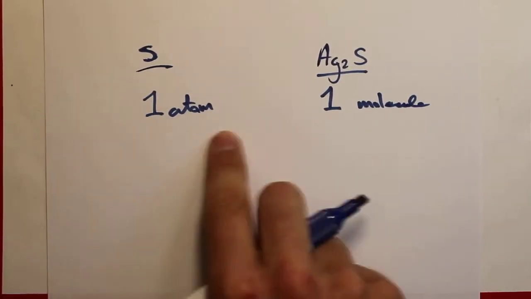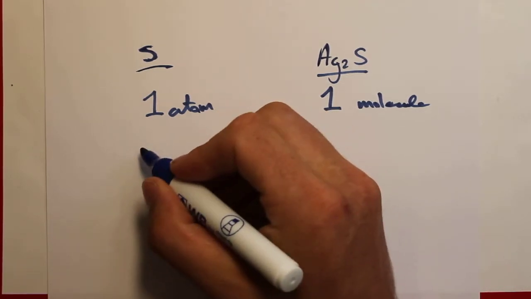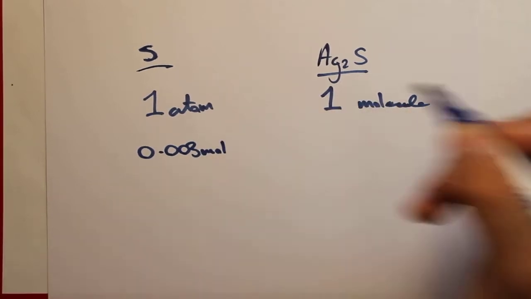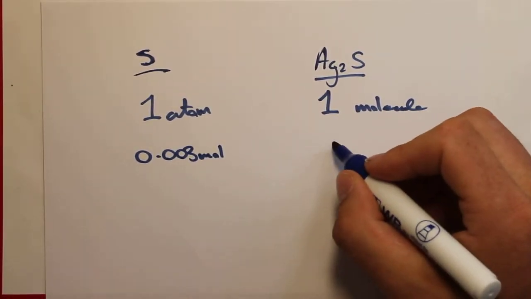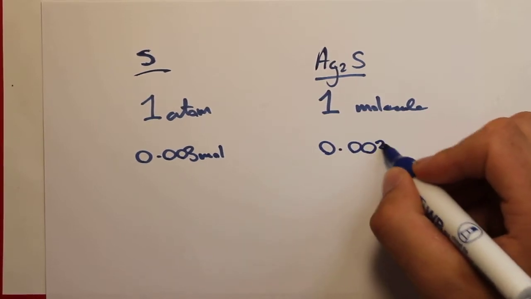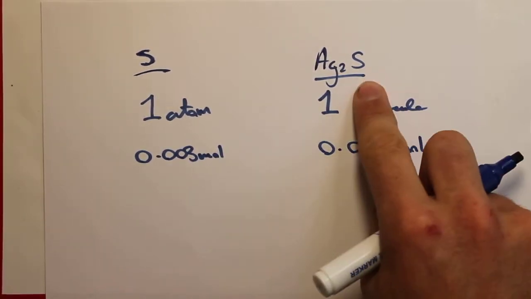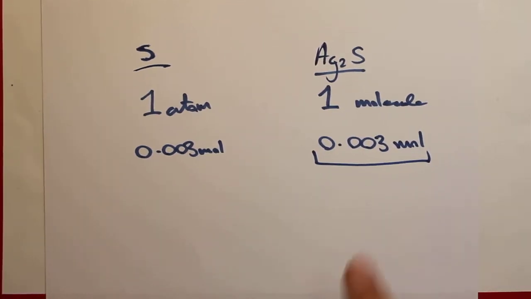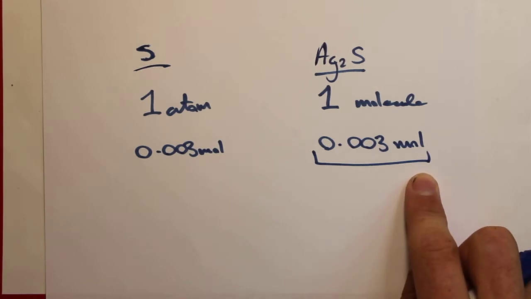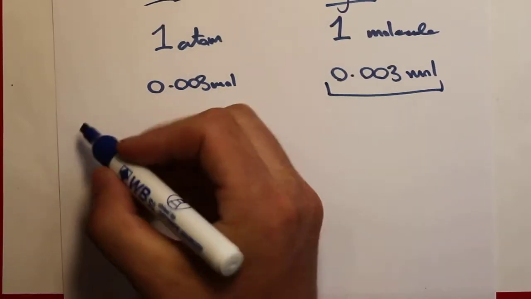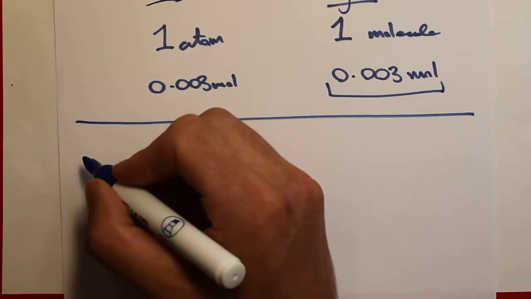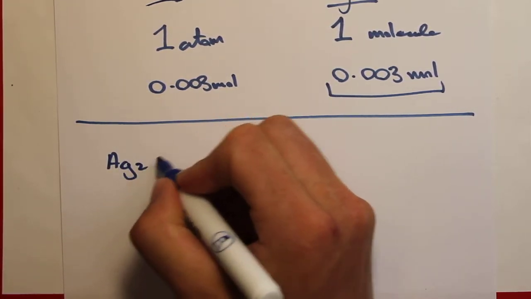So we know the number of moles of sulfur that we had. We had 0.003 moles, and using the same ratio, this means that we're also going to be removing 0.003 moles of our silver sulfide. So now we have the number of moles of silver sulfide. We need to convert from moles of silver sulfide to grams of silver sulfide. So to do that, we need to make up our relative molecular mass of silver sulfide, which is Ag2S.